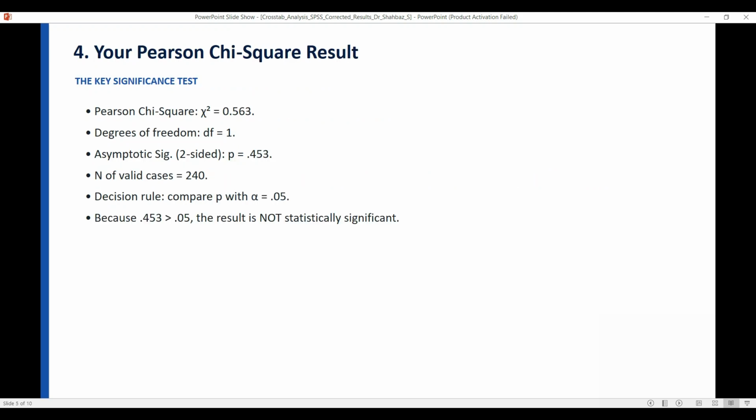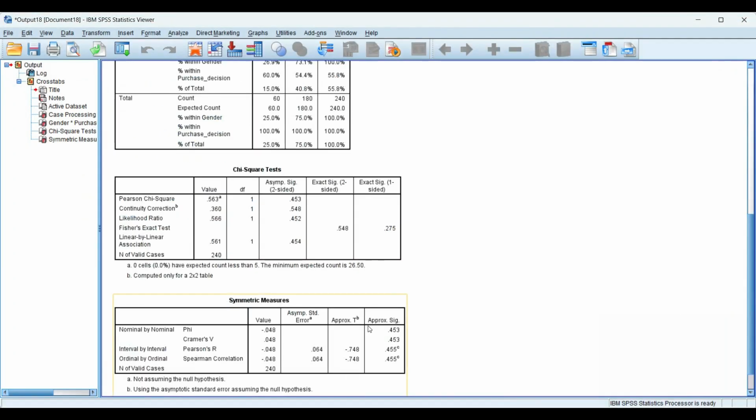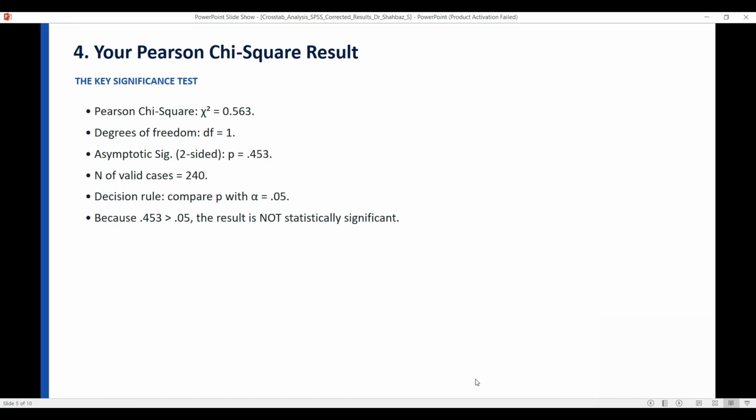Now we come to the Chi-Square test. The Pearson Chi-Square value is 0.563, as you can see in the SPSS output, which is not significant. The asymptotic significance value is 0.453, which is greater than 0.05.